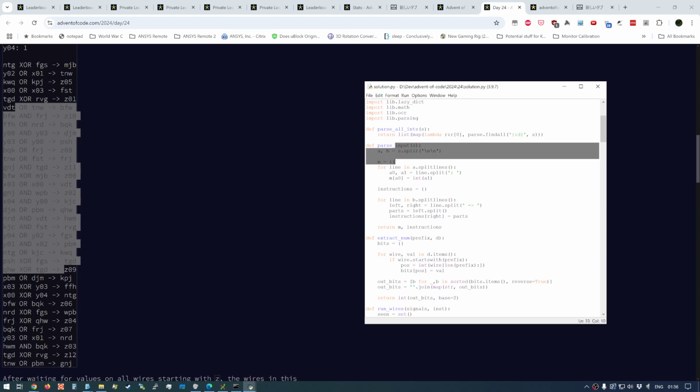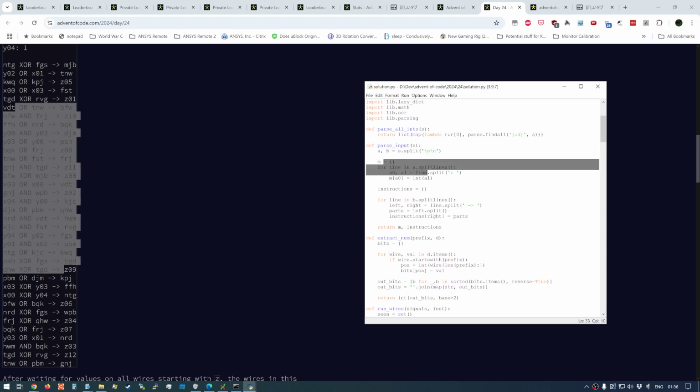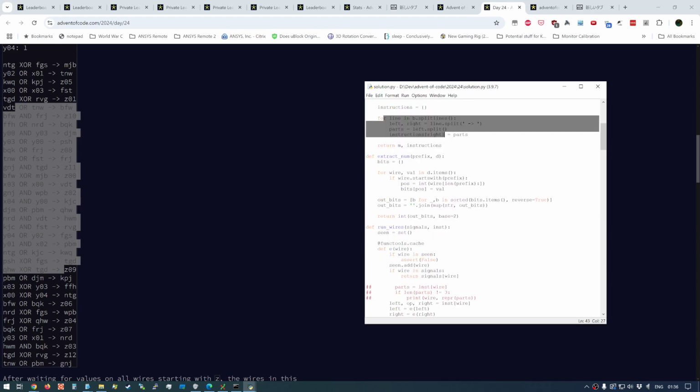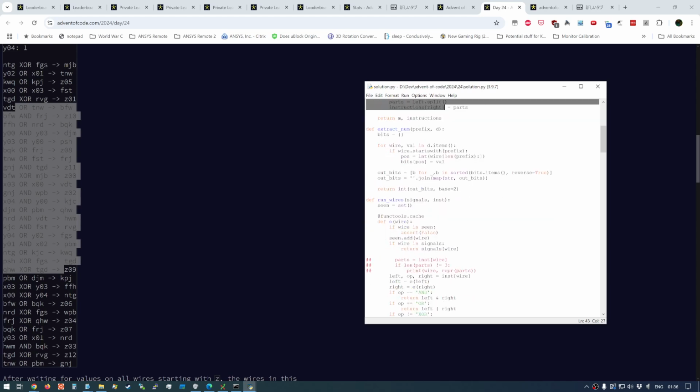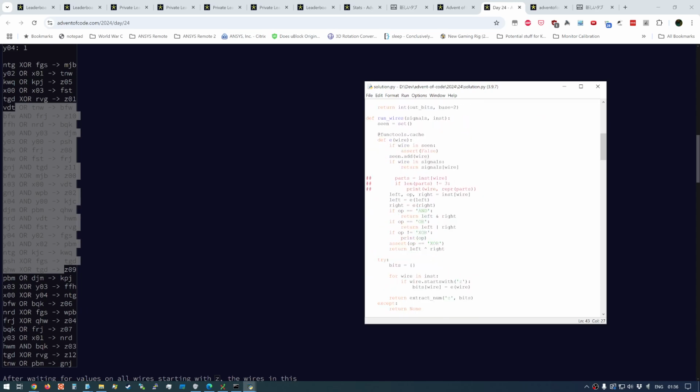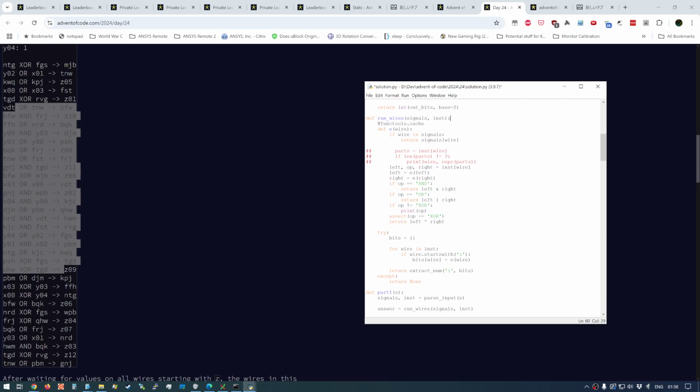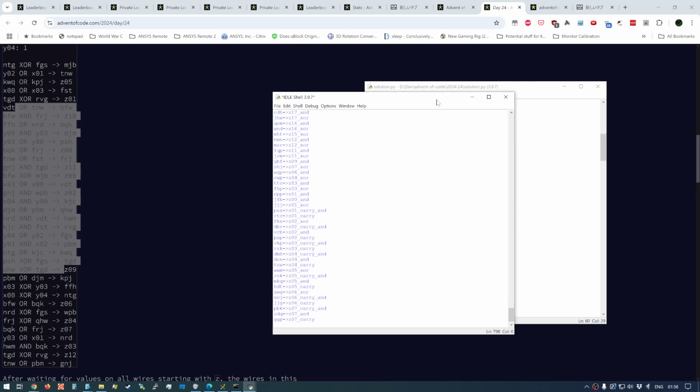So we just parse the input into the instruction graph here, or sorry, the signal graph here, the signal wires in the instruction graph, and then we can just run with a recursive function to figure out what a wire should be. And I don't even need the seen set anymore because I have that. So actually, if I get rid of this, it should still give me the part one answer, and it did.